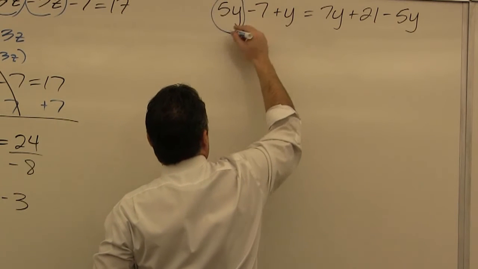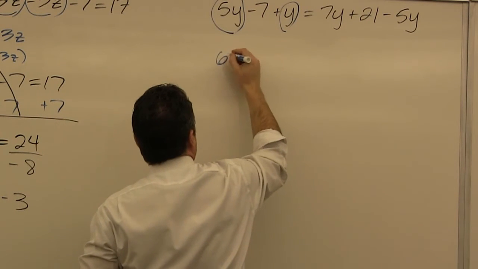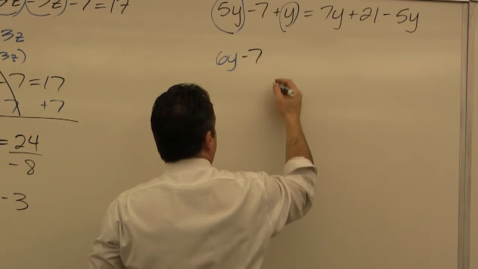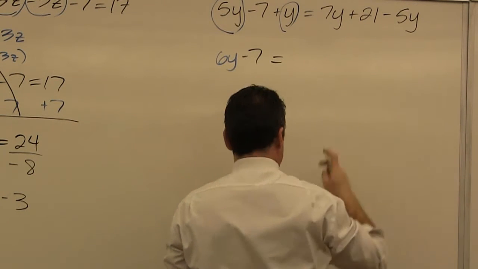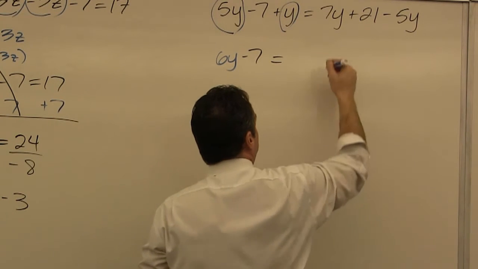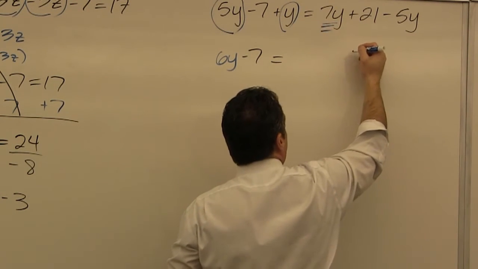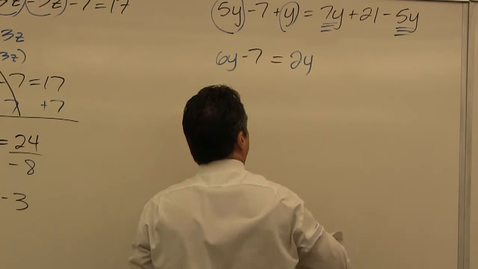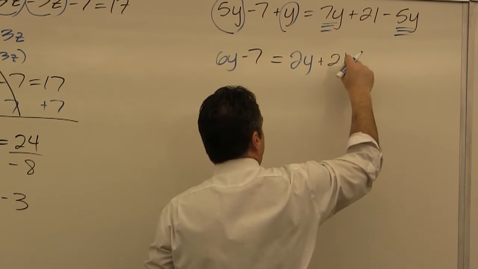You have 5y and y make 6y minus 7 equals, and then on this side of the equal sign, do you have like terms? You do. Very good. You have 7y and you have negative 5y, which make 2y plus 21.